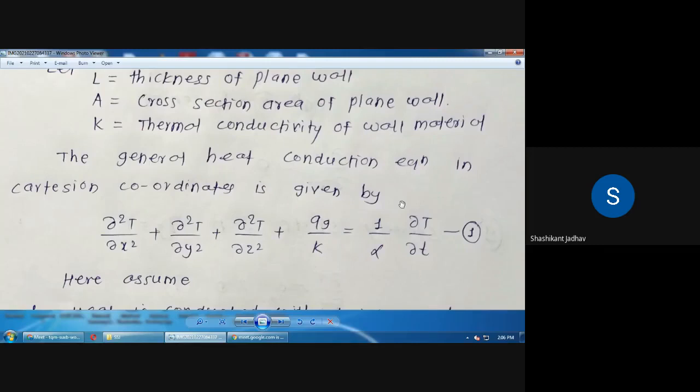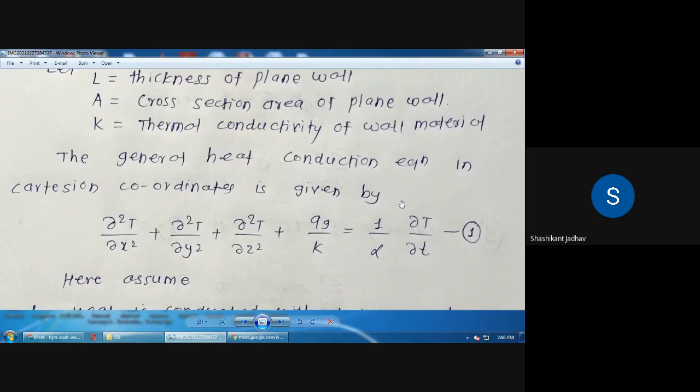By using that equation we have to derive the equation for Q for the plane wall. So first of all we write down the general heat conduction equation in Cartesian coordinates. What is the equation?